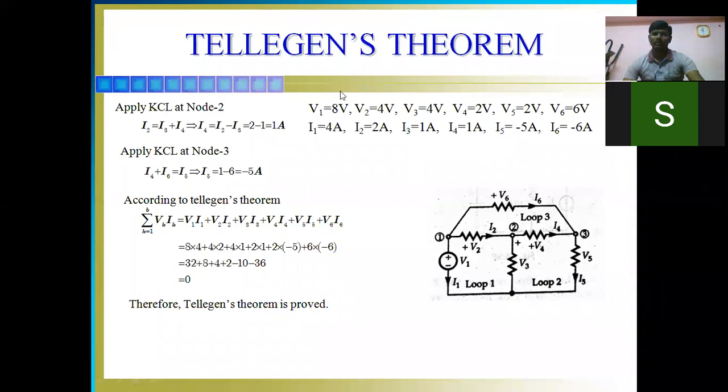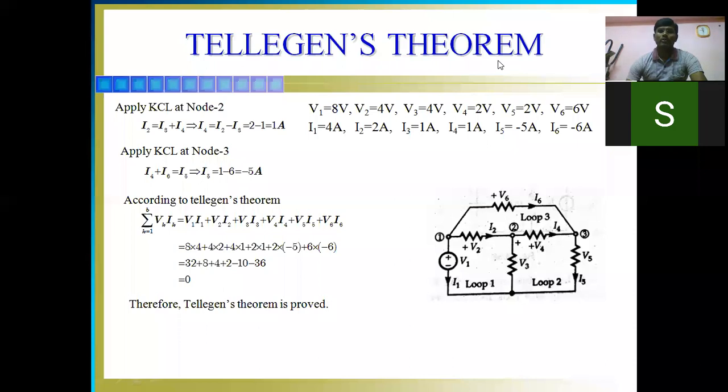Just substitute all this: 8 into 4, 4 into 2, 4 into 1, 2 into 1, 2 into minus 5, 6 into minus 6, which is equal to 0. So therefore, Tellegen's theorem is proved.